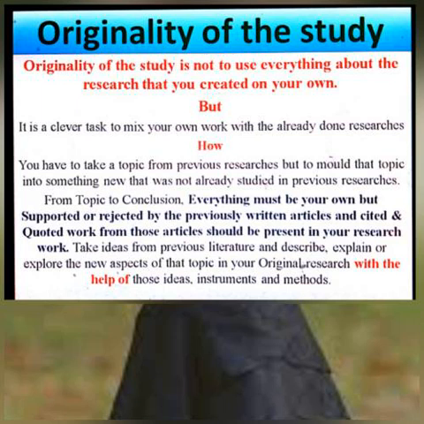Take the ideas from the previous literature and describe, explain, or explore the new aspects of that topic in your research, and that's how your research will become original with the help of those ideas, instruments, quotes and citations present in the previous studies, and take the methods for your study from the previous studies. So this is how you maintain the originality of your study.